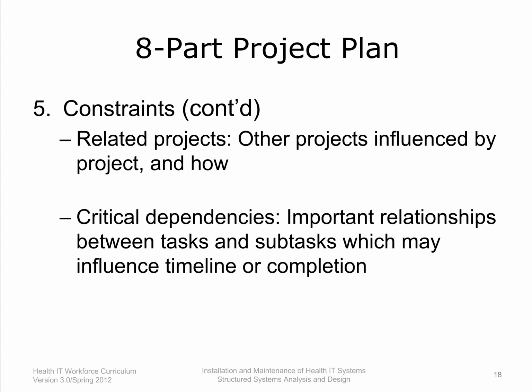Determine the relationship between work performed in a given task or subtask with the work performed in other tasks or subtasks. Identify the predecessor and successor activities. Identify any tasks within a related project on which this project is dependent and describe each relationship.